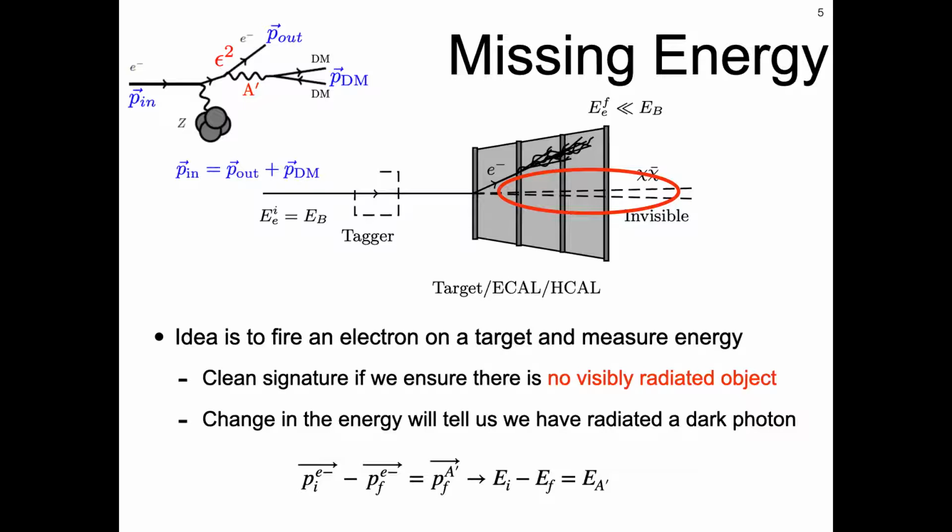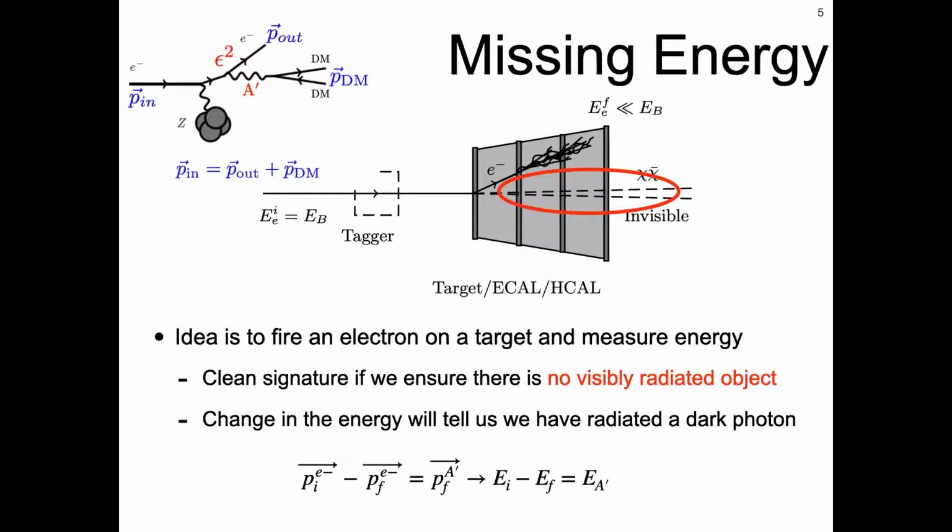So let me talk a little bit about experiments where you take an electron and recoil it off a nucleus, and it's going to bremsstrahlung a dark photon. They call this dark bremsstrahlung. The idea is to make a detector where an electron comes in, hits a target, and then you measure the electron energy, and you look for nothing, an invisible signature.